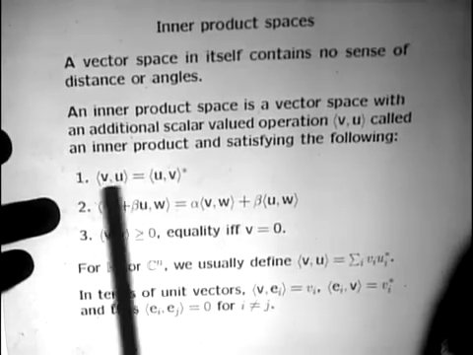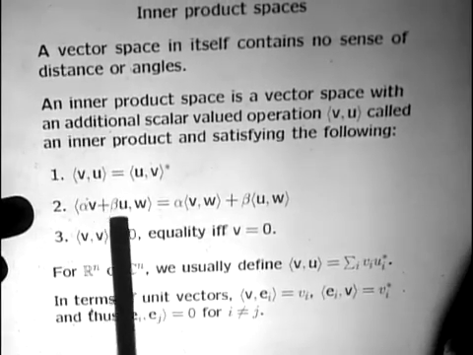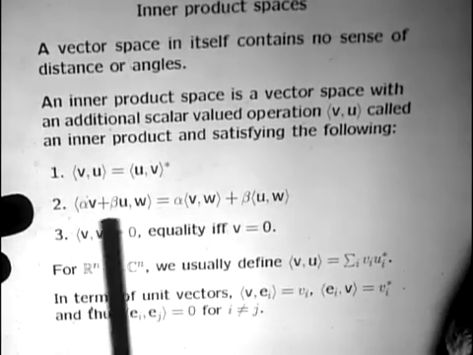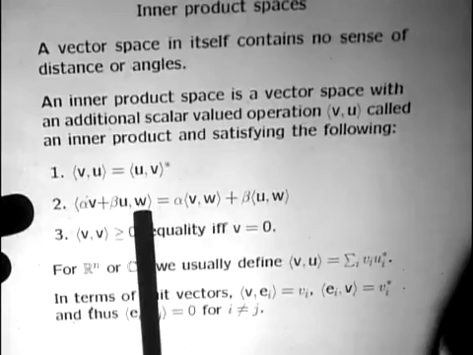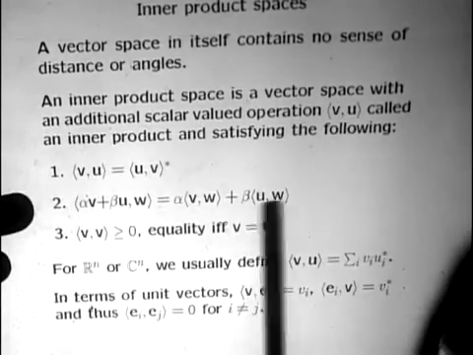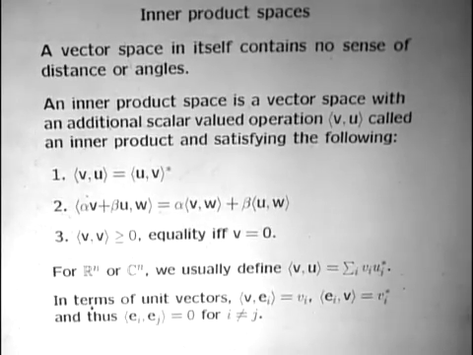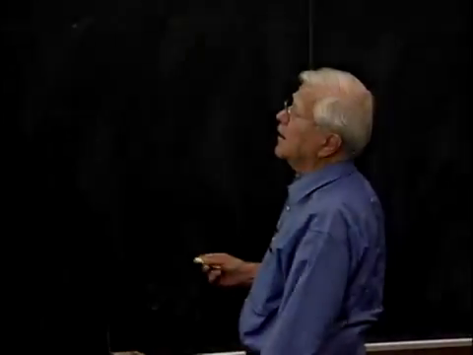It says that if you take a vector which is alpha times the vector v plus beta times the vector u, take the inner product of that with w, it splits up as alpha times the inner product of v and w plus beta times the inner product of u and w. How about if I do it the other way? See if you understand what I'm talking about at all here.